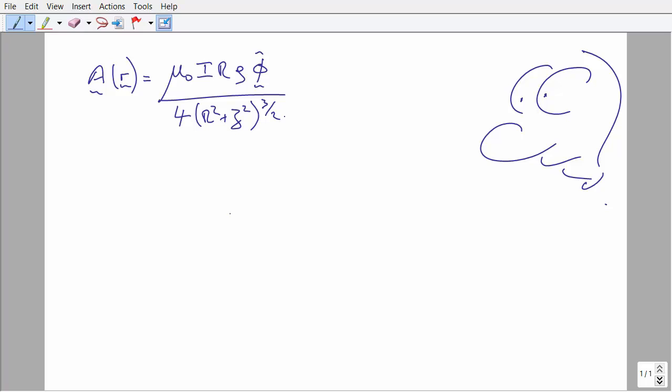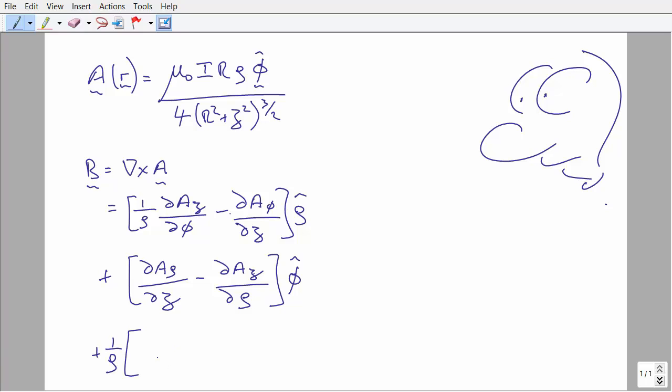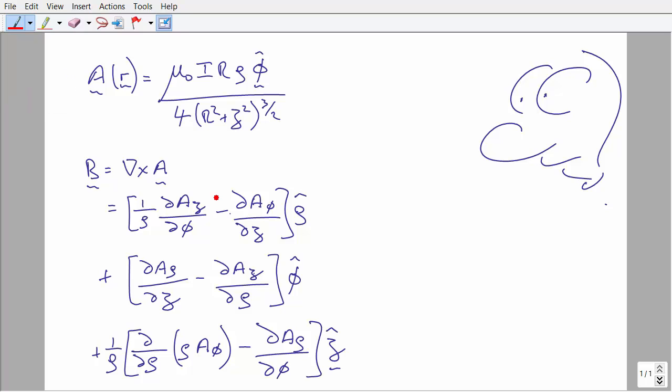And we're going to take the curl of this to generate the magnetic field. Okay, so here is our expression for A.